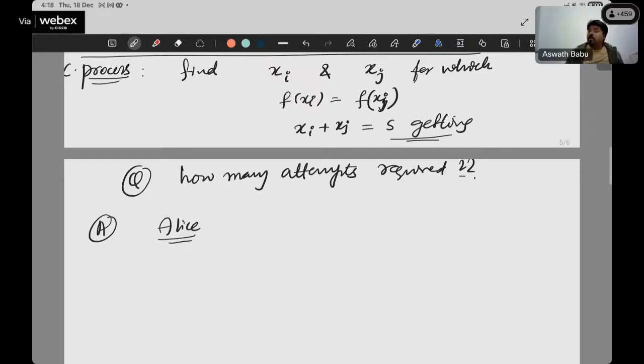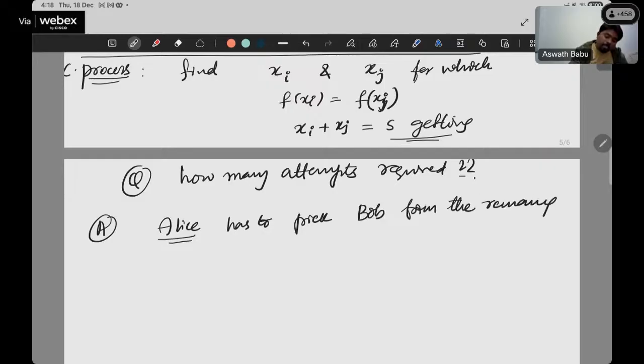So now it has become a combinatorial problem. For every guy there are n minus 1 guys available. So for every guy, Alice has to pick Bob from the remaining list.